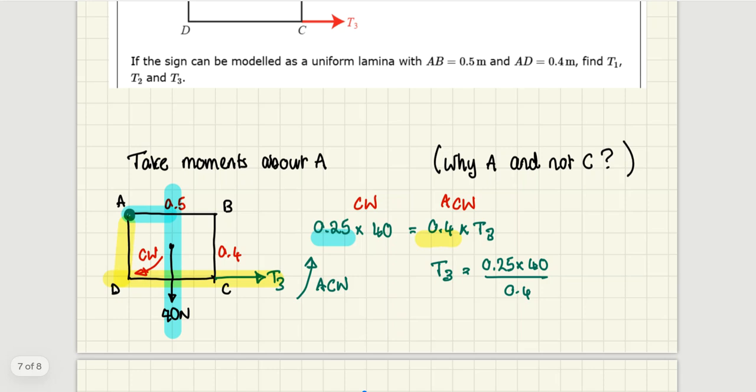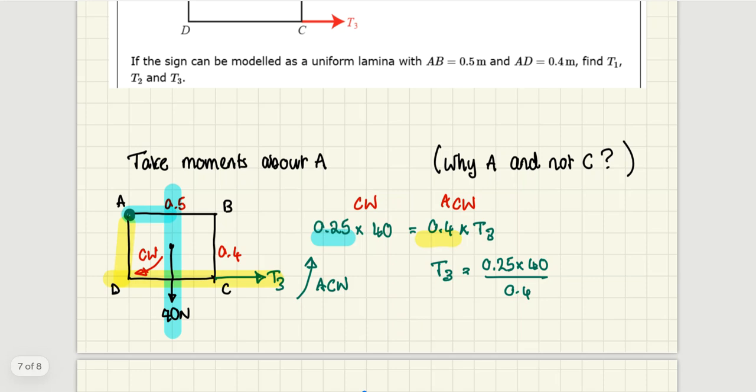That looks like an arm going in the opposite direction. And why are they directly equal? Because it's an equilibrium. So you can work out T3.